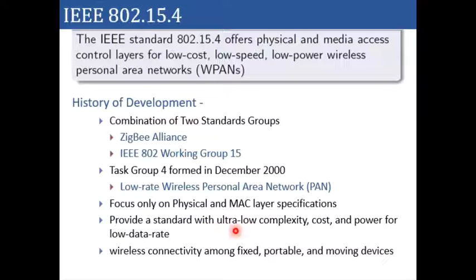So it will contain only those functionalities which are extremely important for the data communication by wireless sensor nodes. So it provides ultra low complexity, cost and power for low data rate. Wireless connectivity among fixed, portable and moving devices is being taken up by the IEEE 802.15.4 protocol.